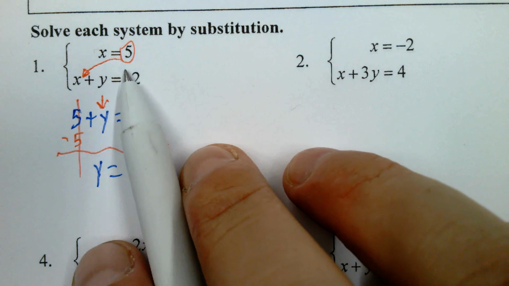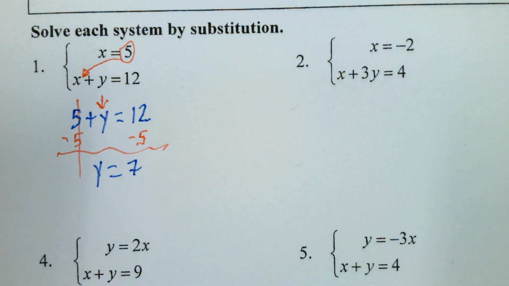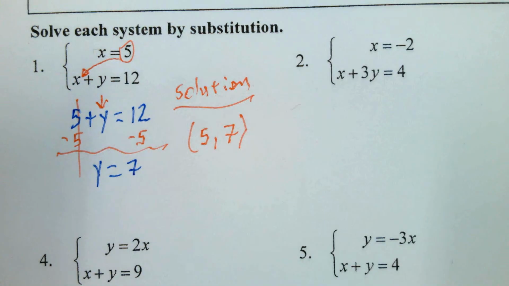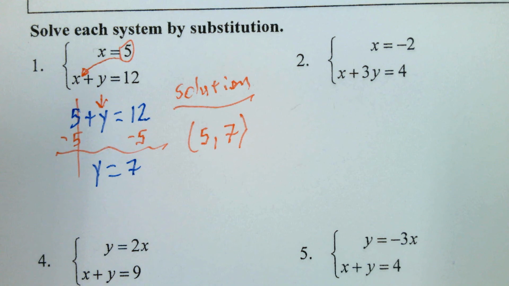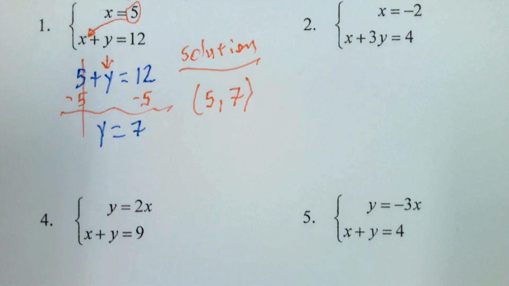And if you notice, I already know what x is because they gave it to us. So for the solution for this one, it's 5, 7. Okay? And you have a couple more just like that.